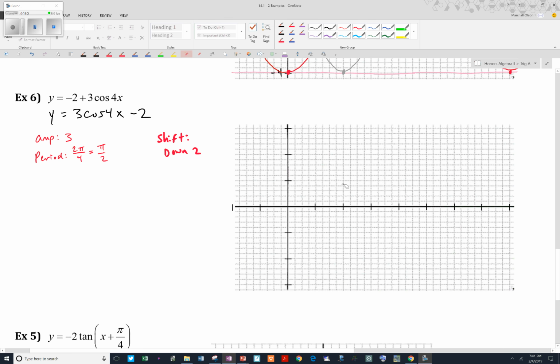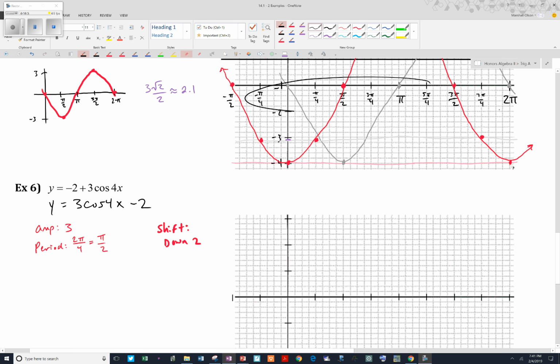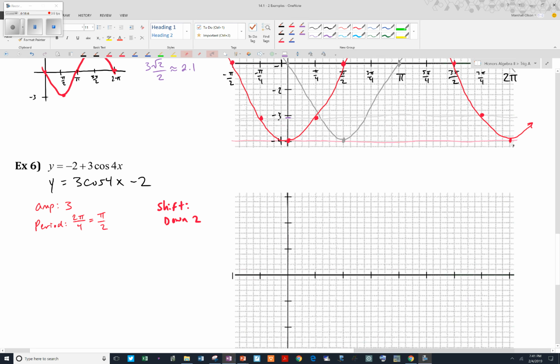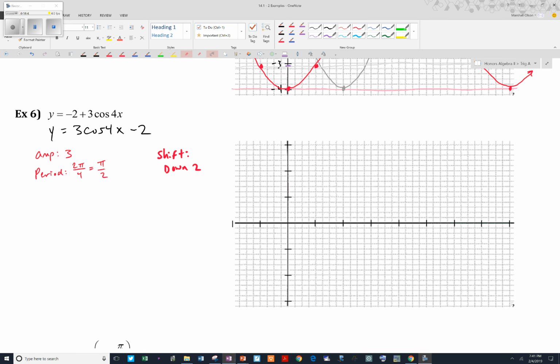Okay, and actually before I label too much in that graph, I want to think about how this thing is shifted and what the amplitude is, so I don't do what I did up here where I label something that's not the x-axis. So if I want to make this dark line that I have here the midline, then that would be the line -2 right there, which would make this -1, and this then would be the x-axis right here.